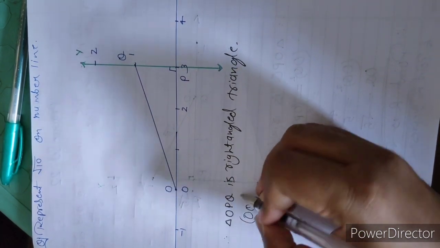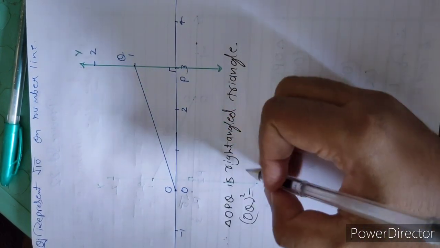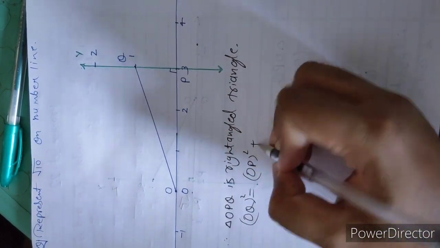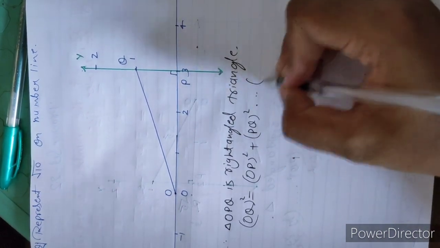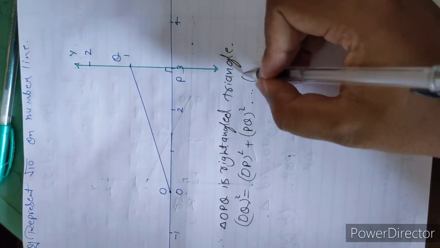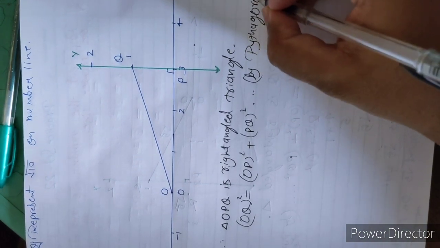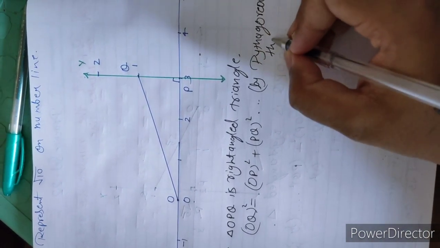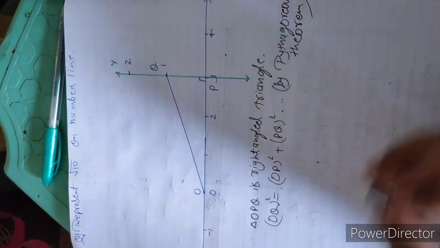So OQ square is equal to OP square plus PQ square. What will be the reason here? Reason: by Pythagoras theorem. Okay, this is our reason.